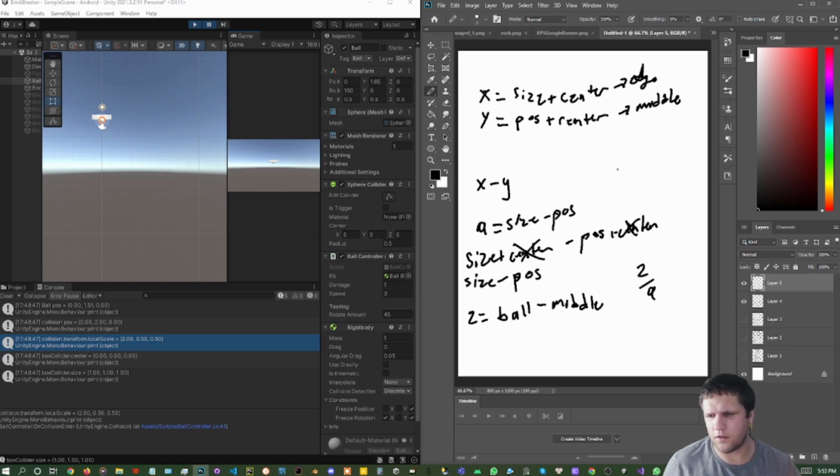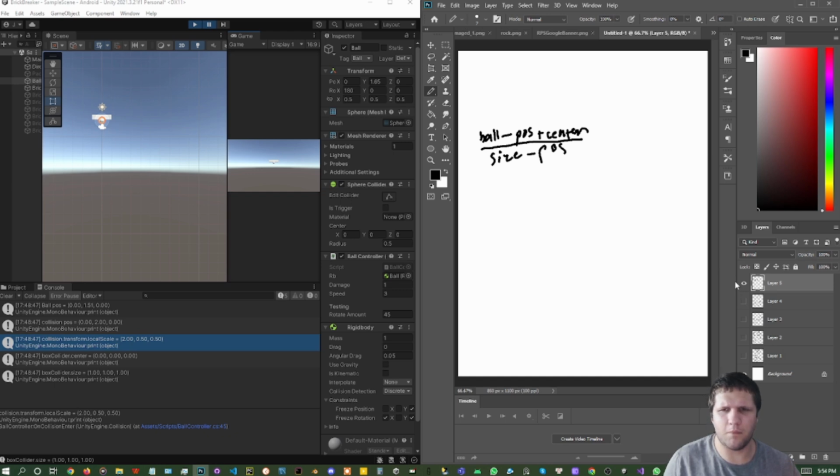Or, this is also ball minus the position plus the center divided by the size minus the position.